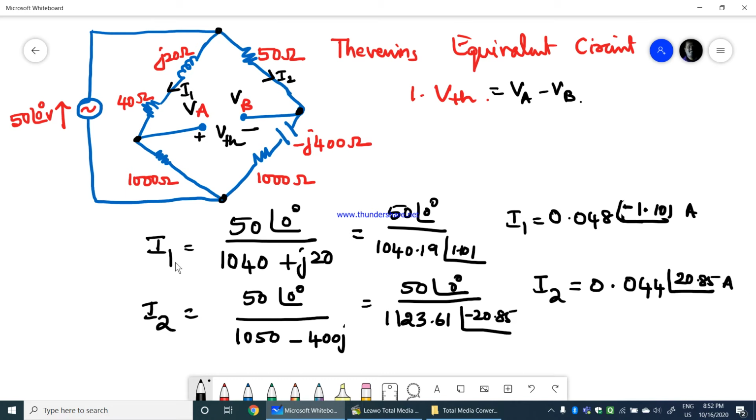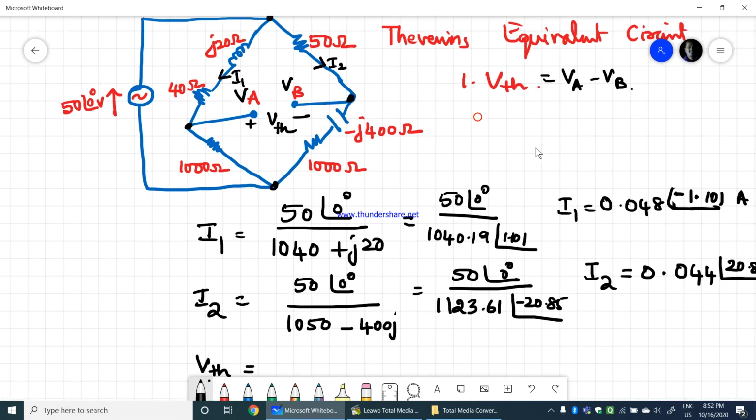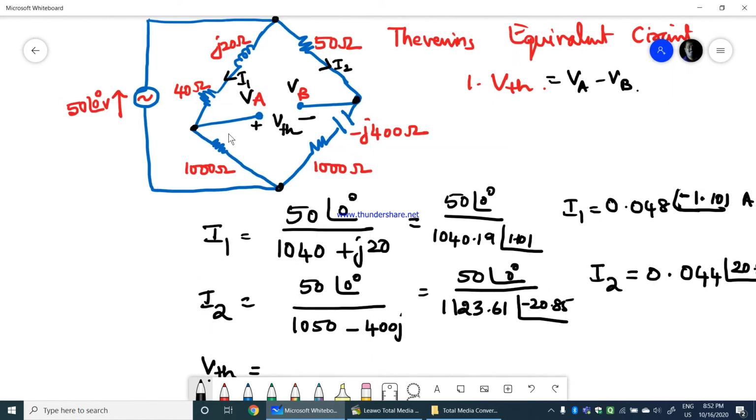Now I got I1 and I got I2. So what would be the voltage VTH? VTH is the voltage across VA and VB.